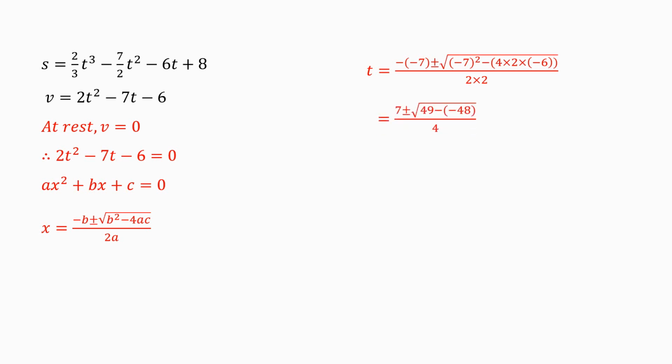So this gives us 7 plus or minus the root of 49 minus negative 48 over 4, which is 7 plus or minus root 97 over 4. So t is 4.2122 or negative 0.7122. But since we are dealing with time and time cannot be negative, our t is 4.2122 seconds.